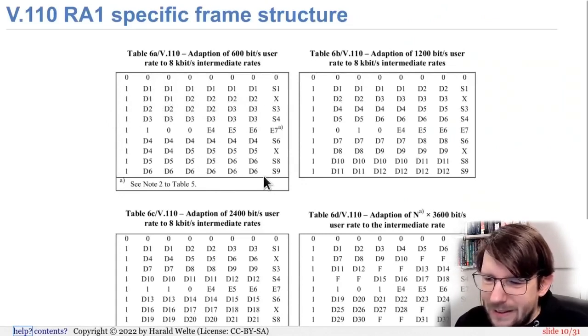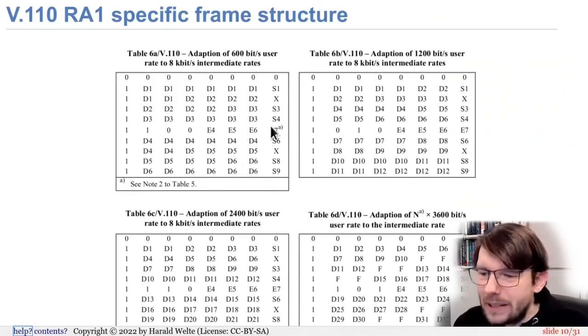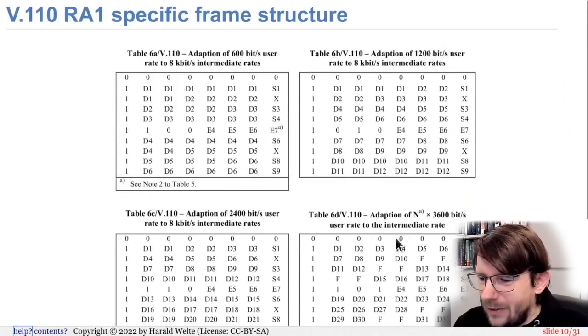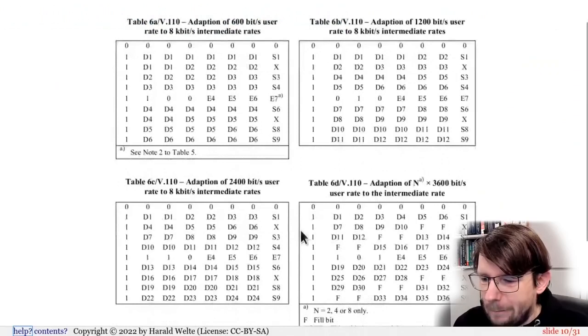At the end, we have transmitted 6 user bits, duplicated them a sufficient number of times, and added the frame overhead to achieve the 8 kilobits per second output rate of this RA1 function. And for other bit rates, we have other schemes for how those D bits are replicated to achieve the desired rate adaptation.